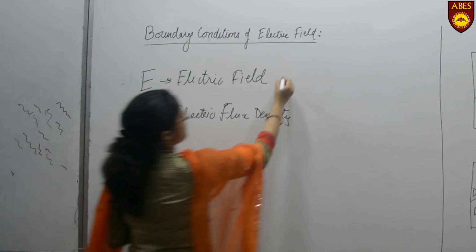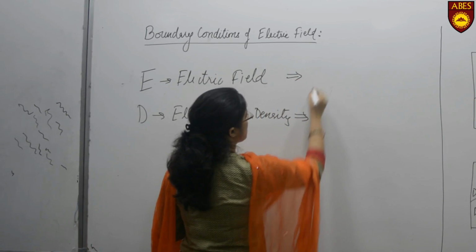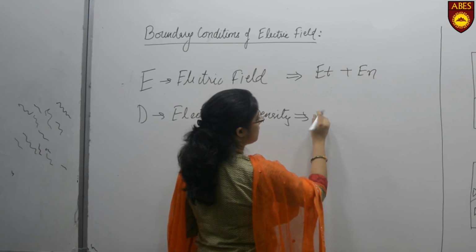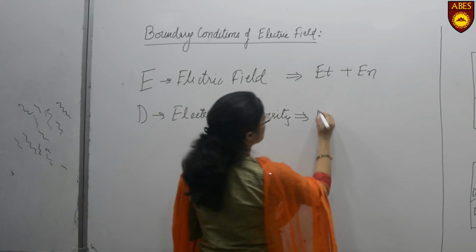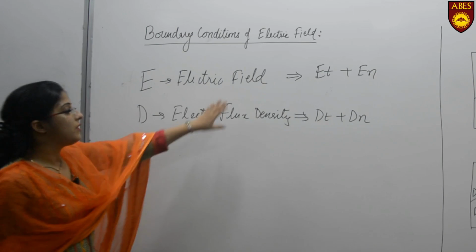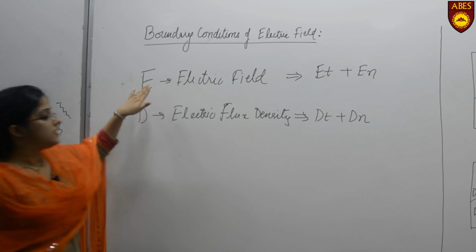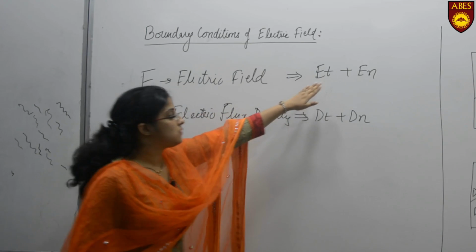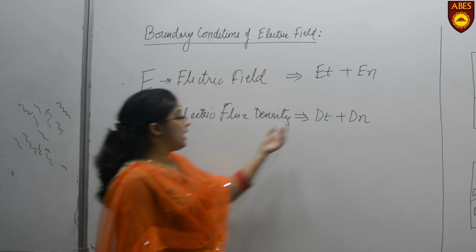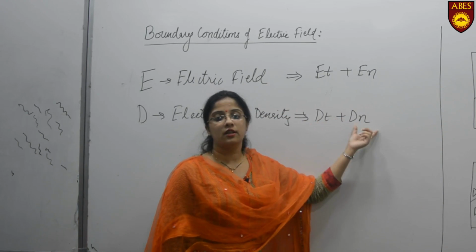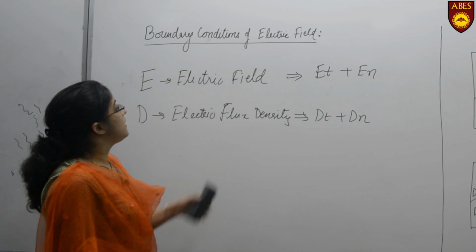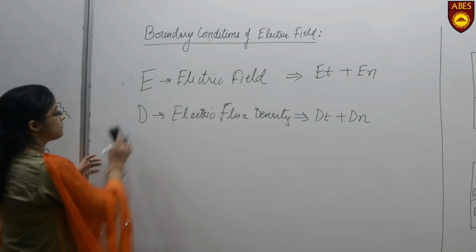The electric field is divided into ET plus EN, and the electric flux density is Dt plus Dn. So the electric field intensity is divided into its tangential component as well as its normal component, and the same goes for the electric flux density.